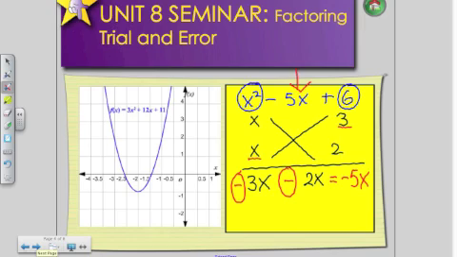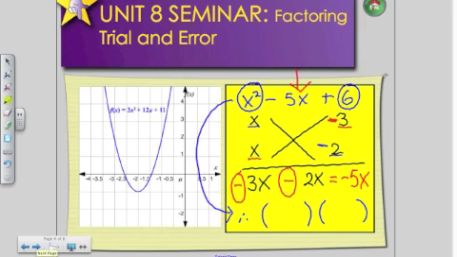So now, because I have to make it negative, I'm going to put the negative in the second column. We always put negatives and positives in the second column. We got 2x by cross-multiplying the 2 and the x. So if I'm going to want to make this negative, I have to put the negative in this column to get negative 2x.